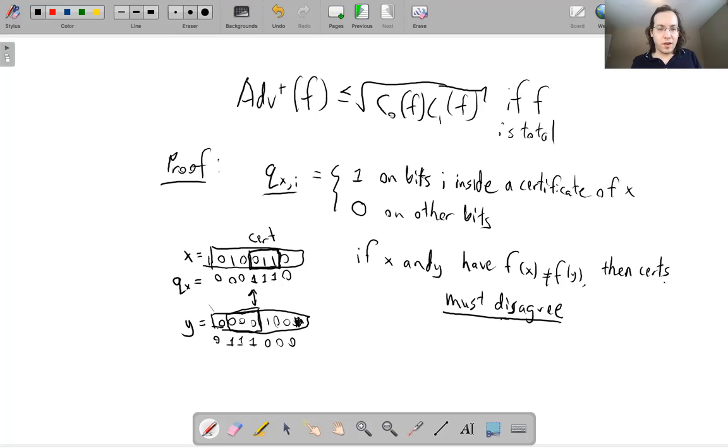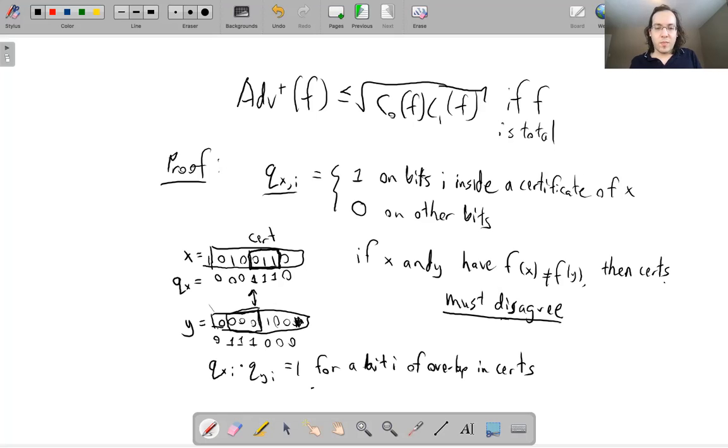So what happens is q_x,i times q_y,i is equal to 1 for a bit i of overlapping certificates.